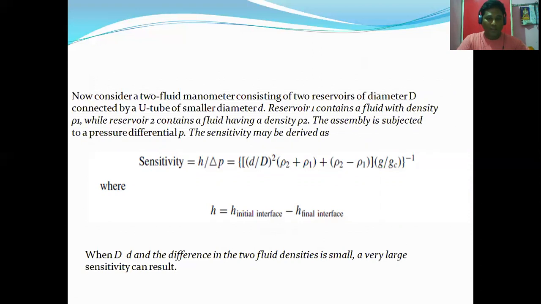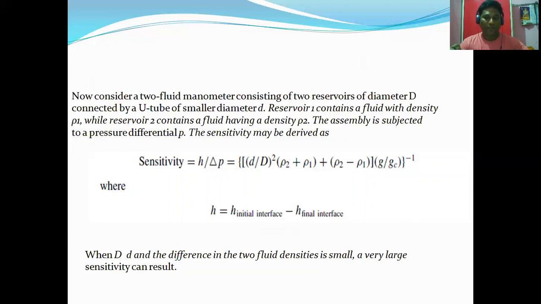Here H is equal to H initial interface minus H final interface, that is the change of height: the first reading of the height and the final reading of H.